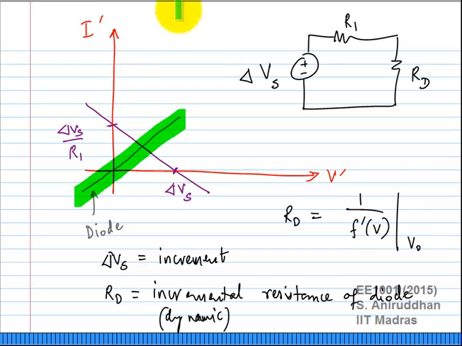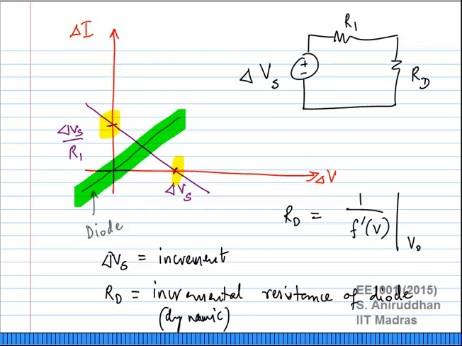The new values are of the straight line describing the other KVL equation. Now that I have moved the axis, the y-intercept is delta Vs by R1, the x-intercept is delta Vs, and now you can see we have completely shifted from dealing with V, I, V naught, I naught to only delta V and delta I, delta Vs, and so on.